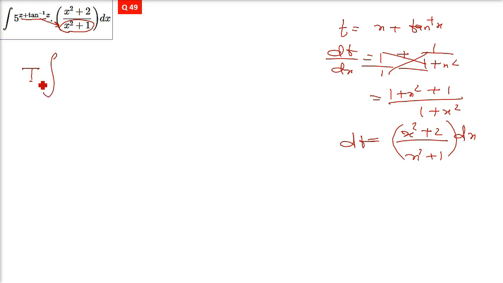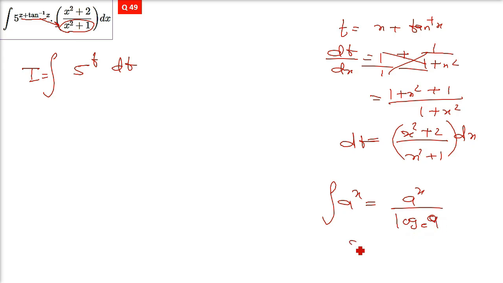So you have I equals 5 raised to the power t, because t is actually x plus tan inverse x. The whole content on the right hand side we already got as dt. The integration of a raise x will be a raise x divided by log base e a. Now 5 to the power t integration will be, just assume a as 5, x as t, and write the same thing which I have written in the formula.